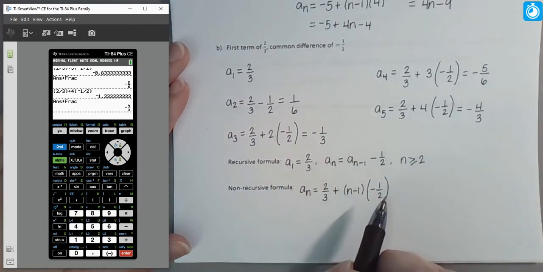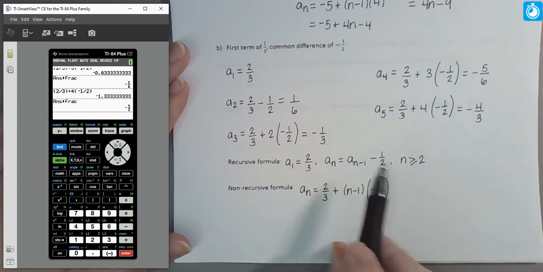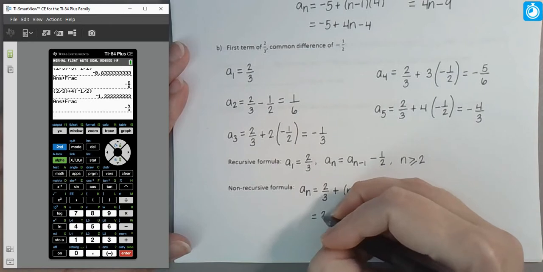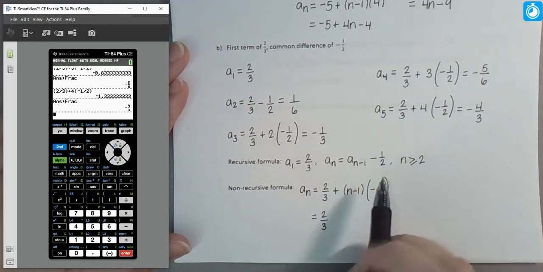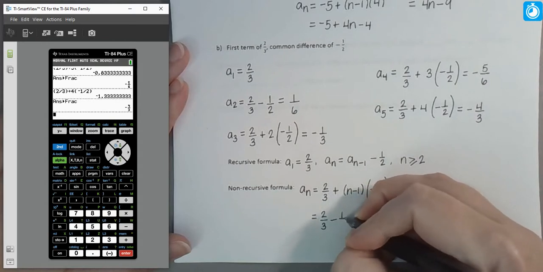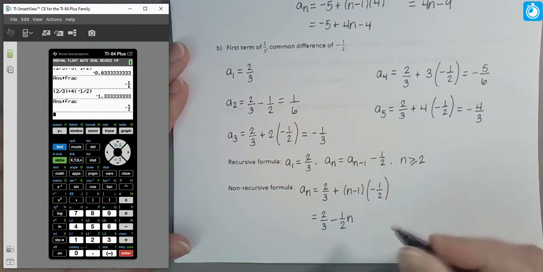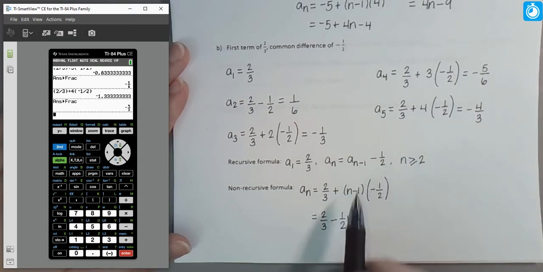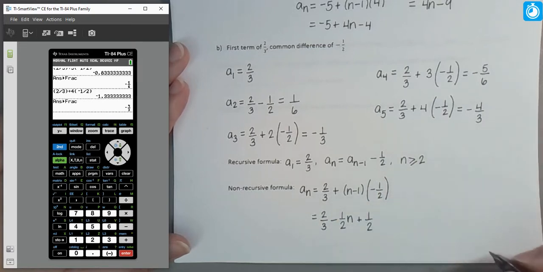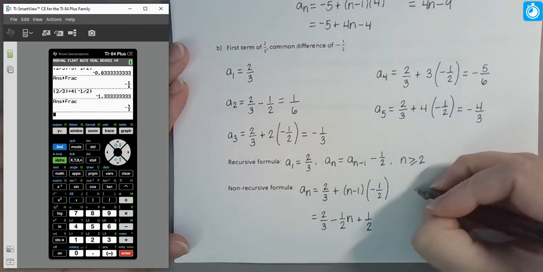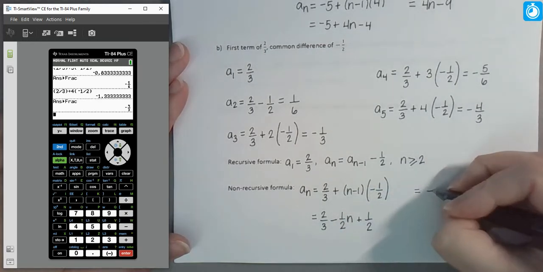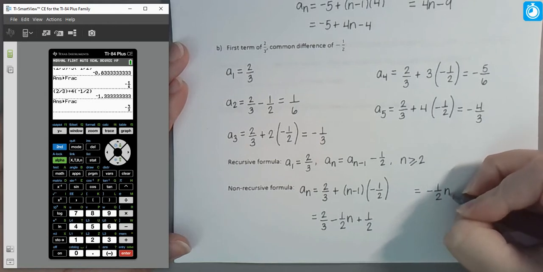So let's clean this one up. Same strategy. We want to distribute that negative 1/2. Now be very careful when you do that. So we have 2/3. Now negative 1/2 times n is going to be negative 1/2 n. And then when we multiply the negative 1/2 by negative 1, that's going to become an addition. So plus 1/2. And so if we write the variable term first, that's going to be negative 1/2 n.